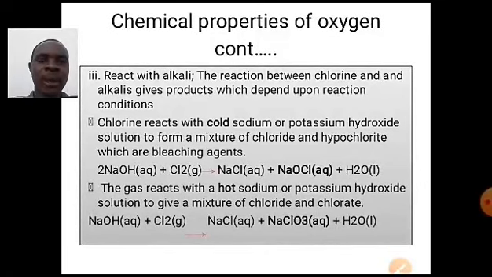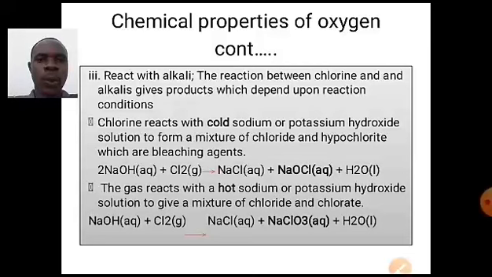Number 3, it reacts with alkali. The reaction between chlorine and alkali gives products which depend on the reaction condition. When you react chlorine with alkali, it gives two products, but these products depend on the reaction condition.